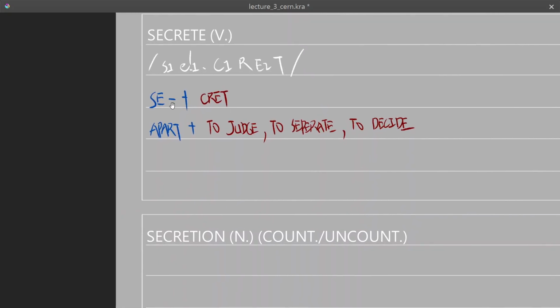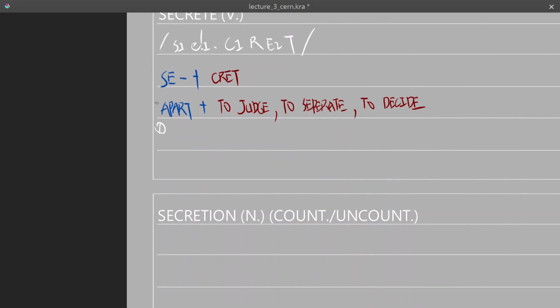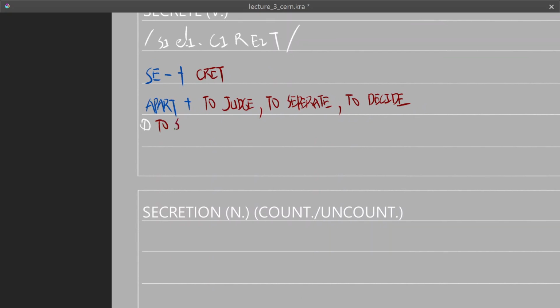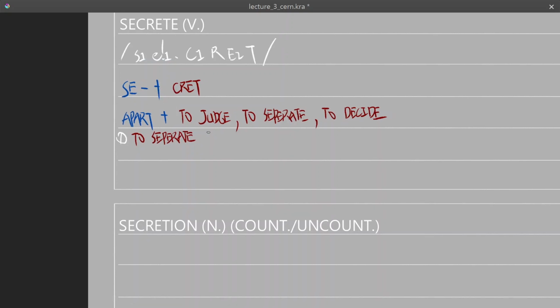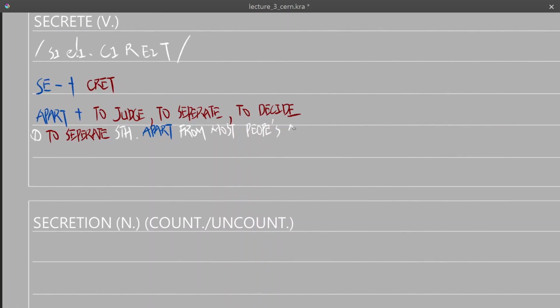So what does it literally mean? It has two meanings. The first one is to separate something apart from most people, from most people's memory.